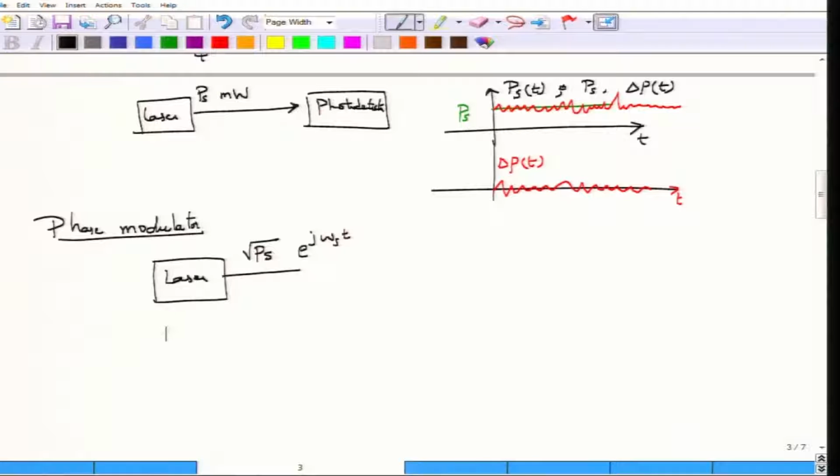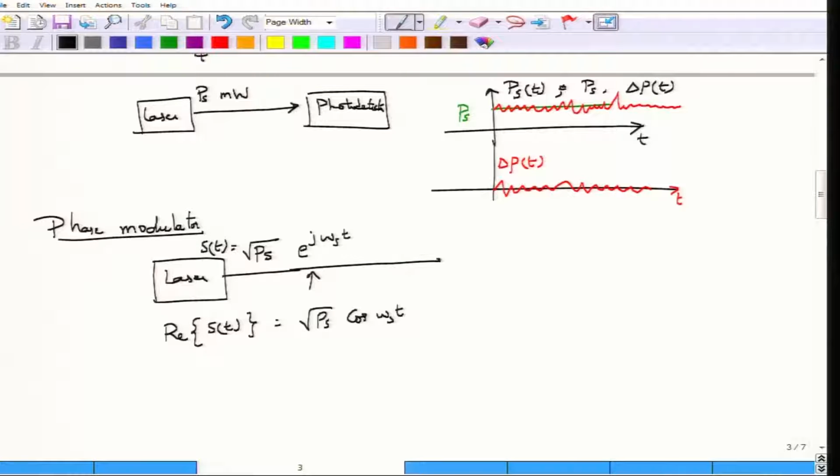So, if I call the signal that is coming out s of t, and take the real part of s of t, I get square root Ps cos omega st. This is in fact the signal that the laser actually produces, but for notational simplification and mathematical manipulation, we normally go to this exponential notation.